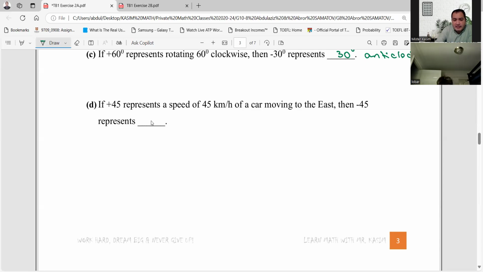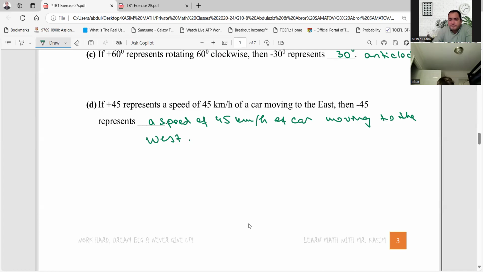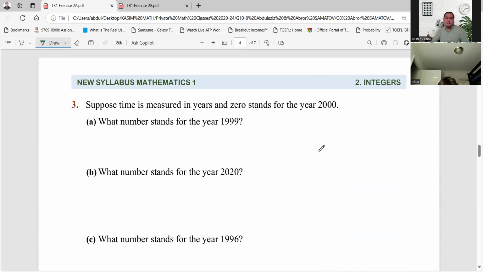A speed of 45 kilometers per hour of a car moving to the west, right? Because if you represent the east with 45, then the car at the same speed in the opposite direction, you show by negative 45, right? Okay, now let's continue.